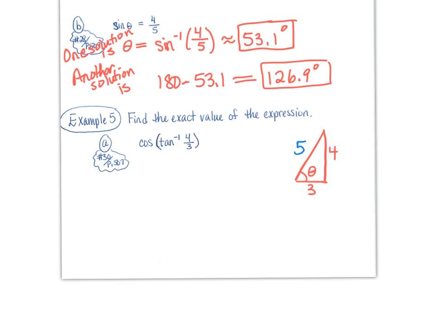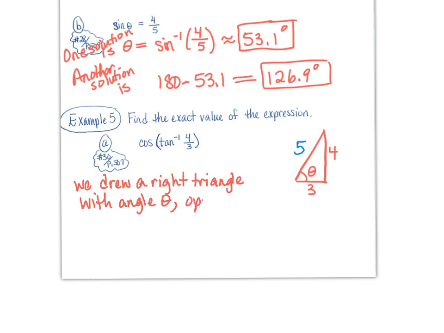Okay, we're not done with this problem though. So we filled in our right triangle. I'm just writing out what we did. We drew a right triangle with angle theta, opposite side 4, and adjacent side 3. You technically don't have to write this out every time. I'm just writing it down for whenever you refer back to your notes.